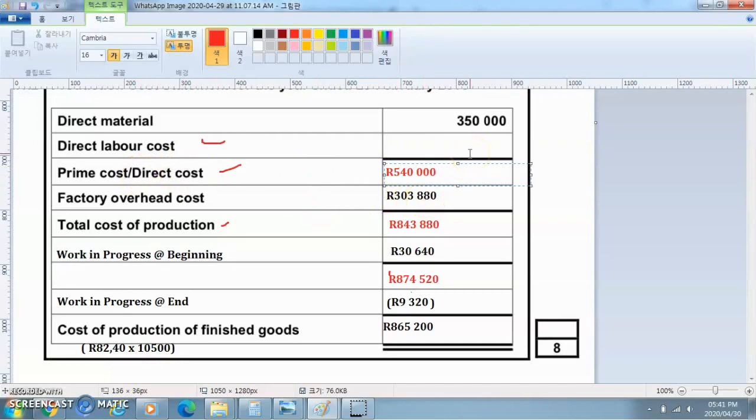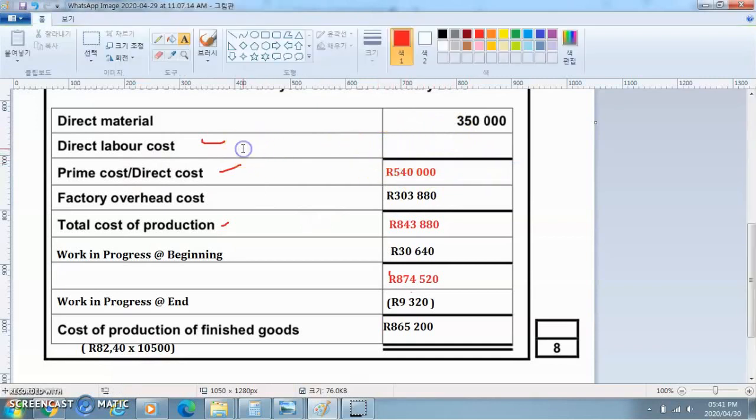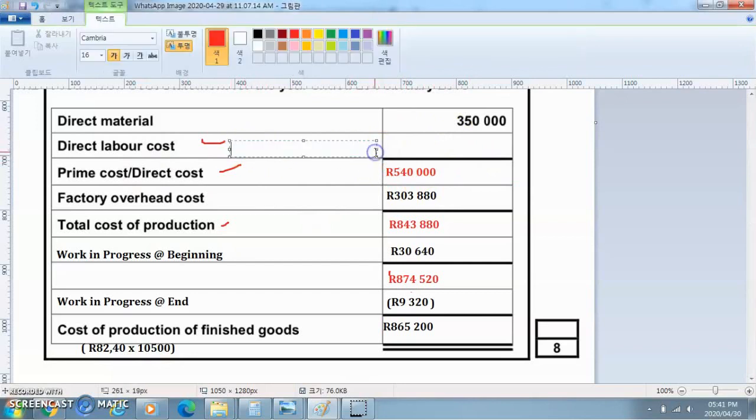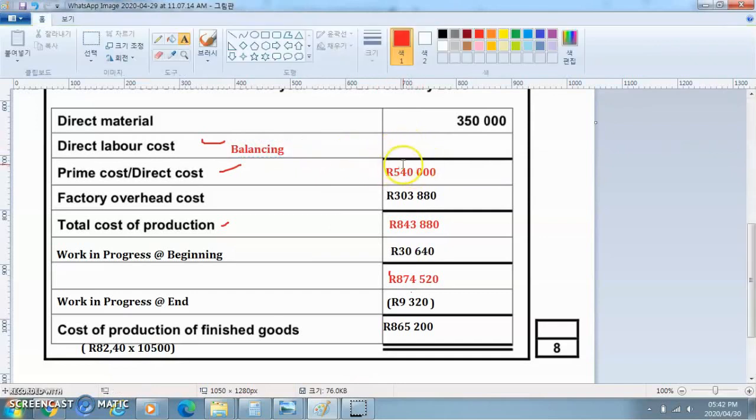So we're almost done with our question basically. The next step now is to find the direct labor. This is our balancing figure. You get it? Our balancing figure is the direct labor cost. So to get the balancing figure, we just say prime cost minus direct material.